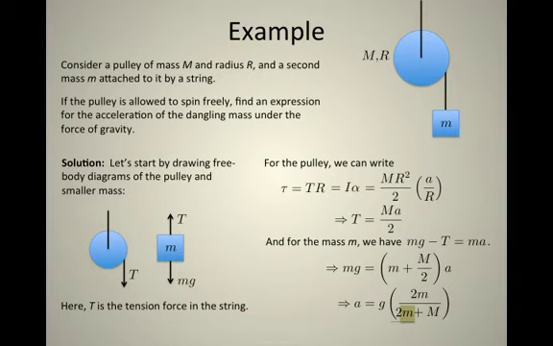If capital M was really, really big, a massive pulley, then a would essentially be 0. It would get small, small, small. That's not so surprising. If you hang a ping pong ball, little m, off of a giant pulley, it's not going to start the pulley moving.